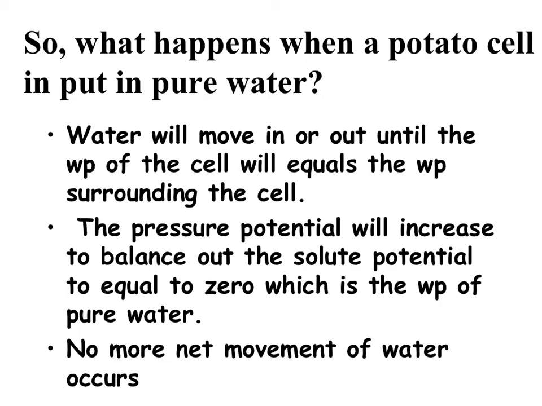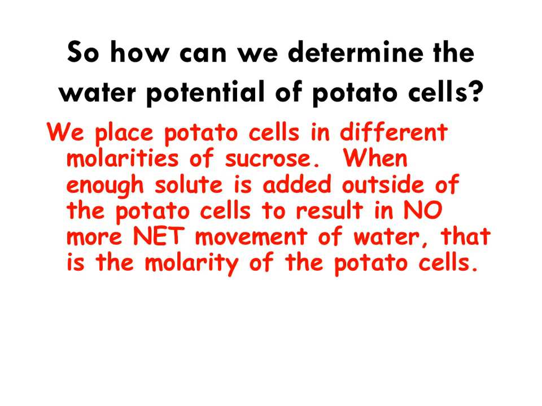Eventually, we're going to get to a point where no net movement of water is taking place. We're not losing water or gaining water. So remember, when we get to the point where we are not losing or gaining water, it means that the water potential inside of the cell is the exact same as the water potential on the outside of the cell.